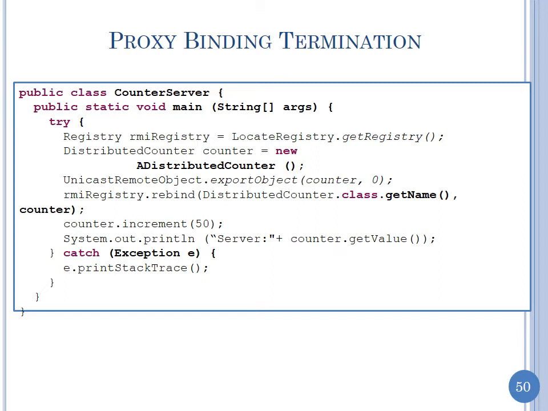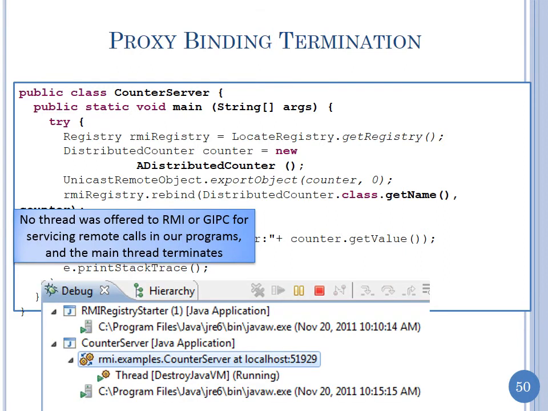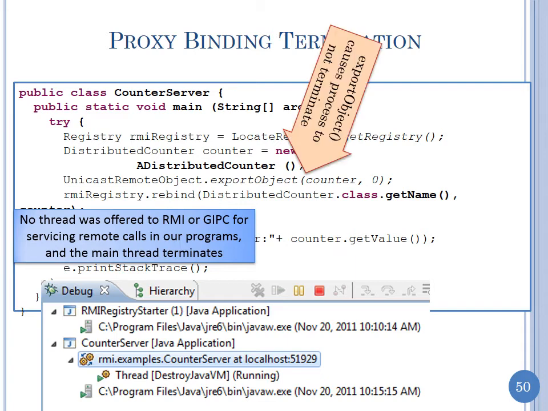And we saw that this program that executed the main method may or may not finish when the main method finishes. So no thread was offered to RMI or GIPC for servicing remote calls in our program, and the main thread does terminate. In fact, if you look at the debugger, there's no main thread left. But the program remains, and way back we saw that this had to do with exporting an object.